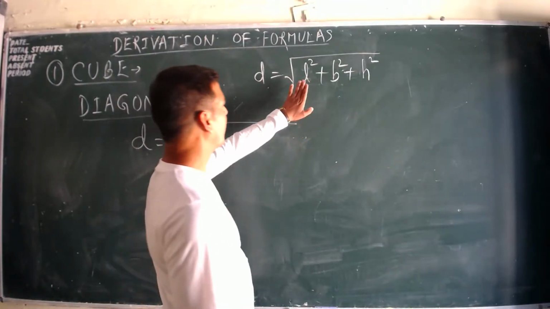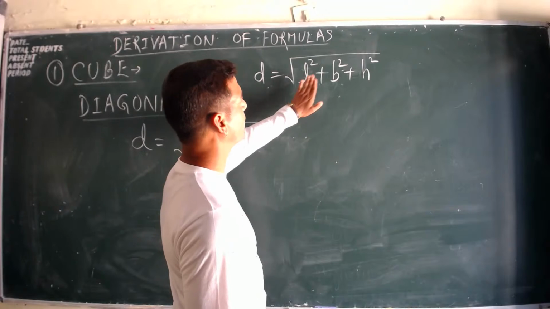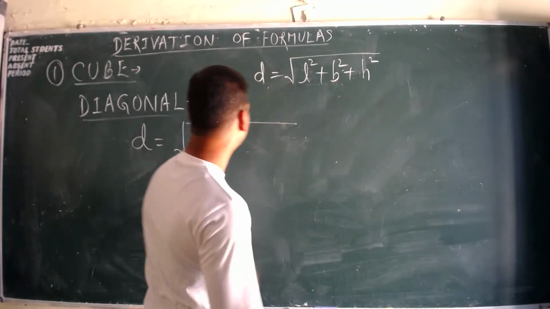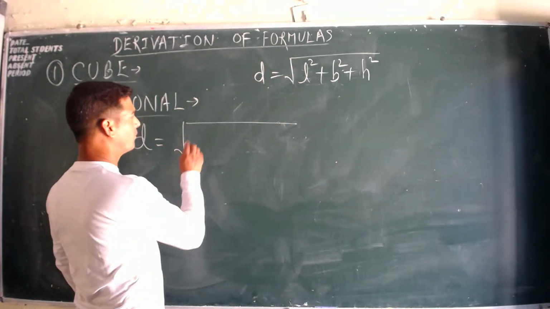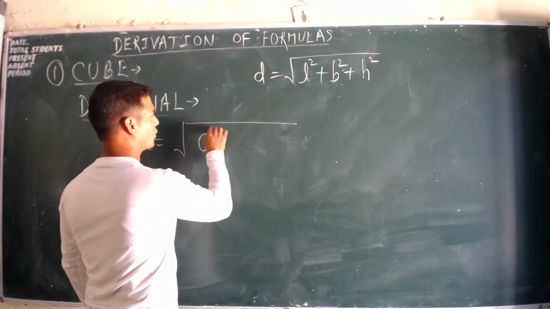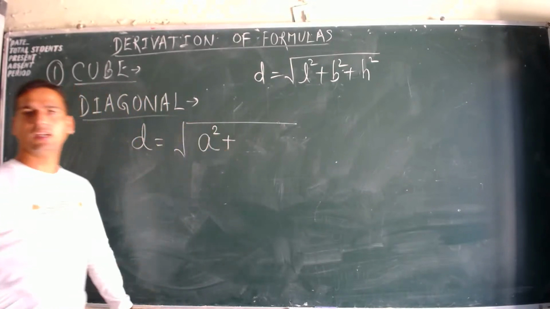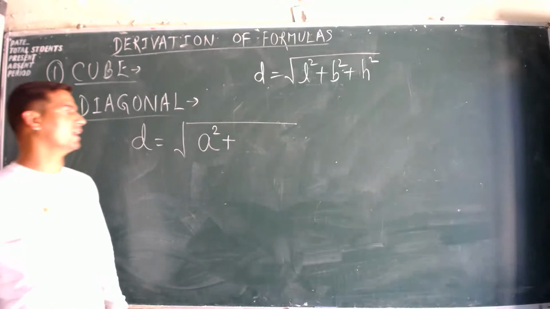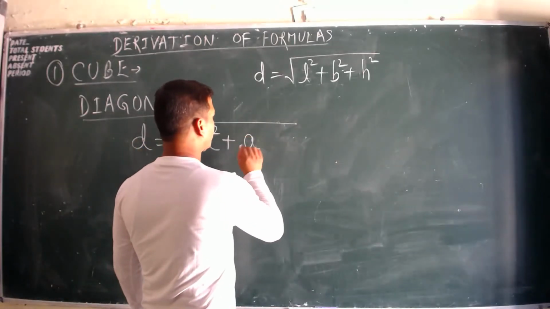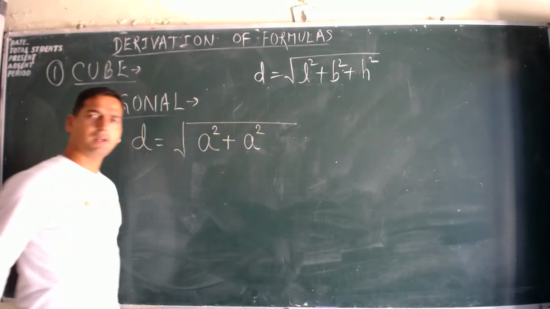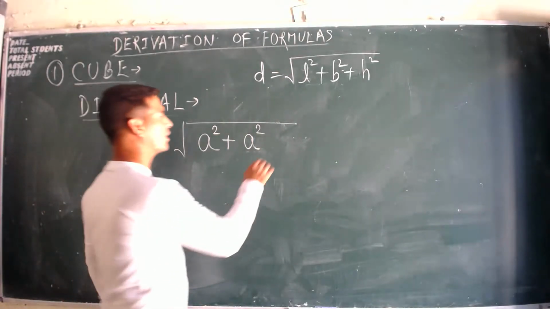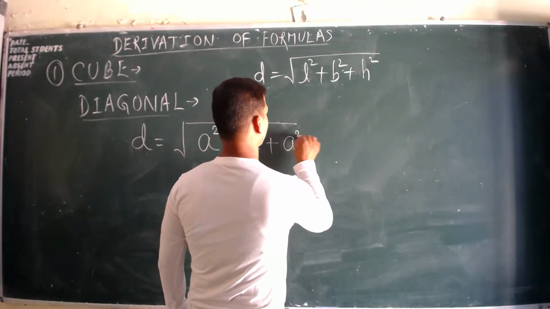It is the square of the first side plus the square of the second side plus the square of the third side. So square of first side is A square, second side A square, third side A square.